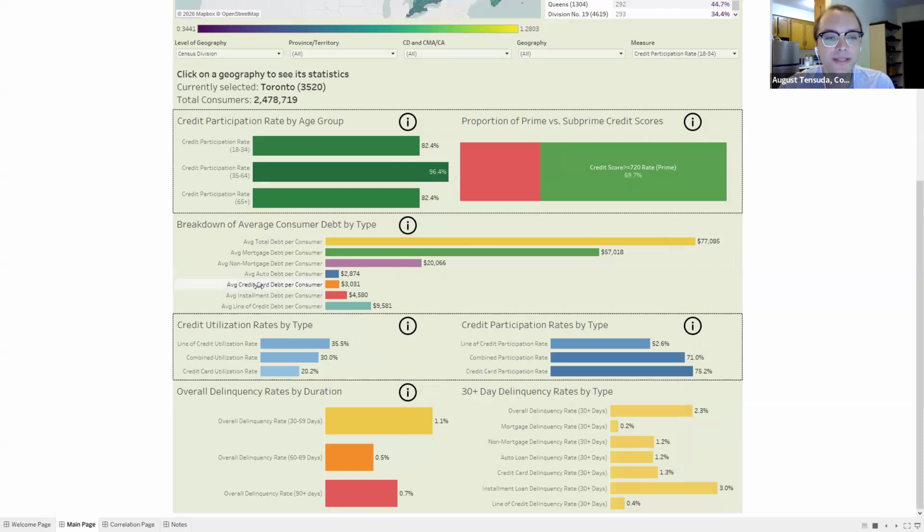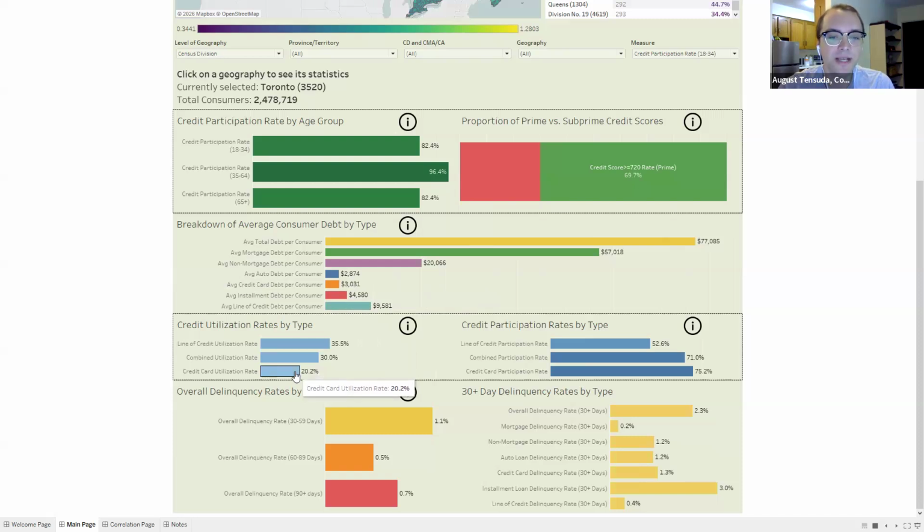Right now we can see that the average credit card debt per consumer from this chart is just about $3,000, but the utilization rate is only 20%. So even though we're seeing $3,000 of credit card debt per consumer, people are only using 20% of their credit card, which is not very high on average.